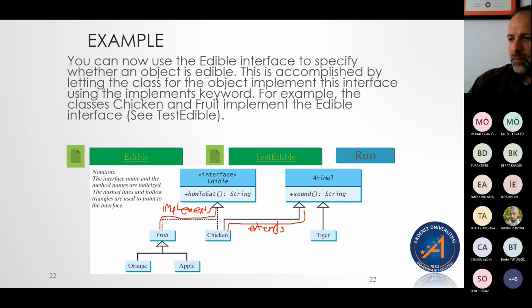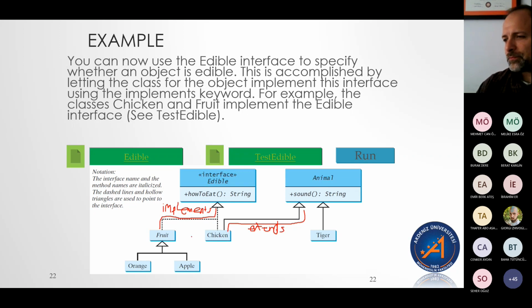An interface Edible, so some things are edible. Now notice that a chicken can get information like an abstract method, like how to eat and sound, from two different places because it is both an animal and it is edible, if you're not a vegetarian, of course. But bear with us for this one, okay?